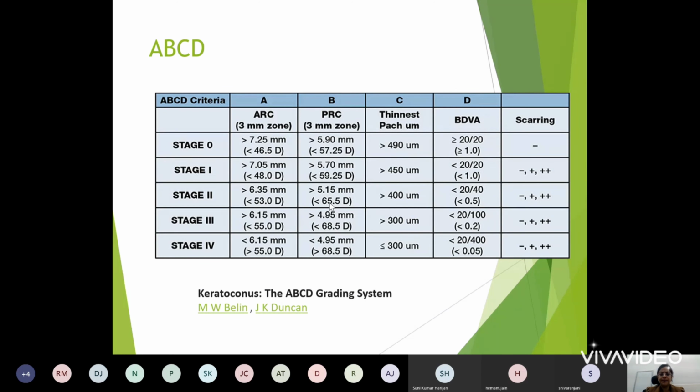A is the anterior average radius of curvature, B stands for posterior average radius of curvature, C is for corneal thinnest pachymetric data, and D is for best corrected visual acuity and scarring. Accordingly, it is classified, and it helps in identifying early or subclinical keratoconus, and also helps in understanding the progression and when to do the cross-link.